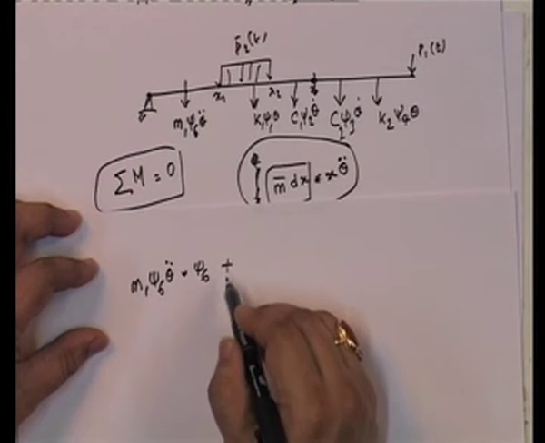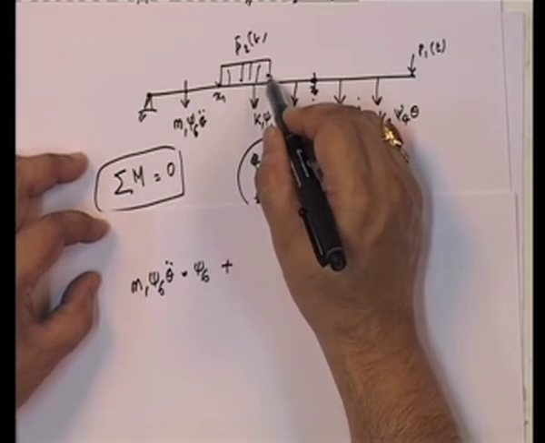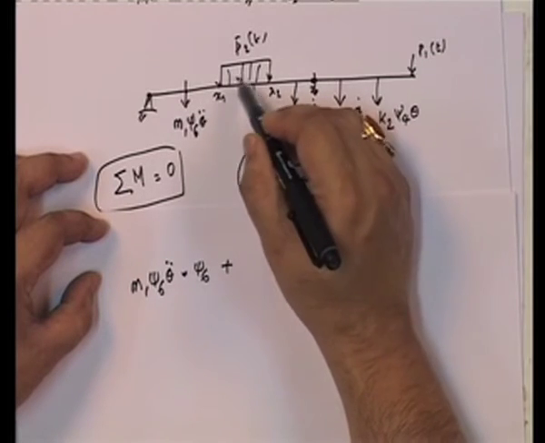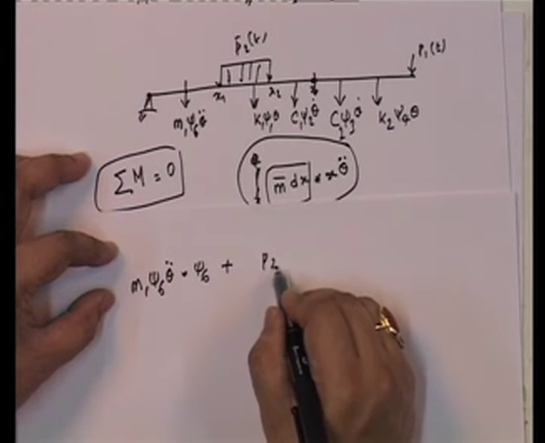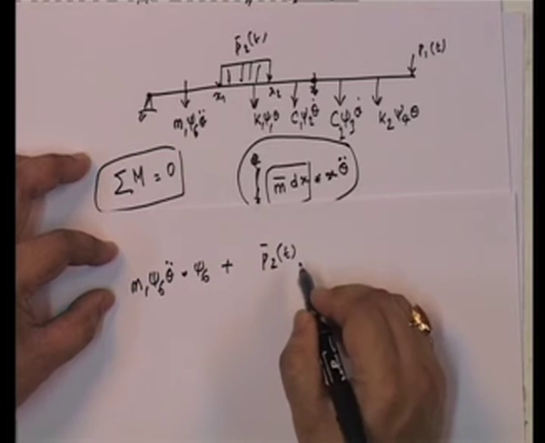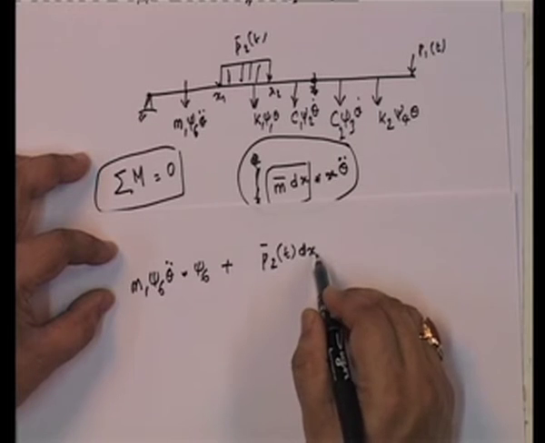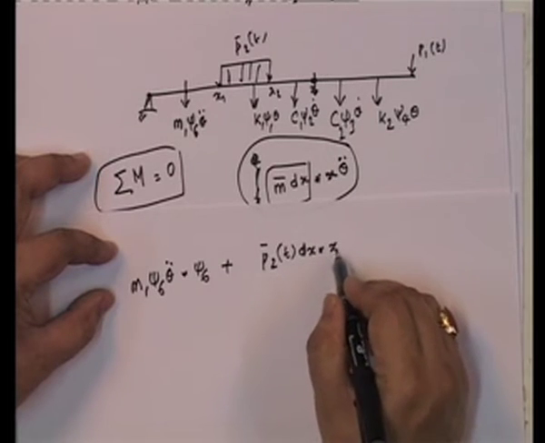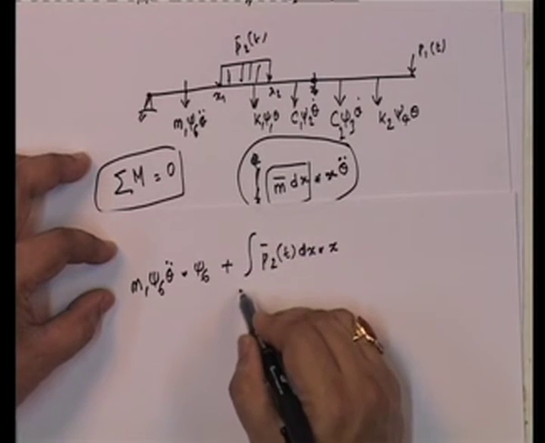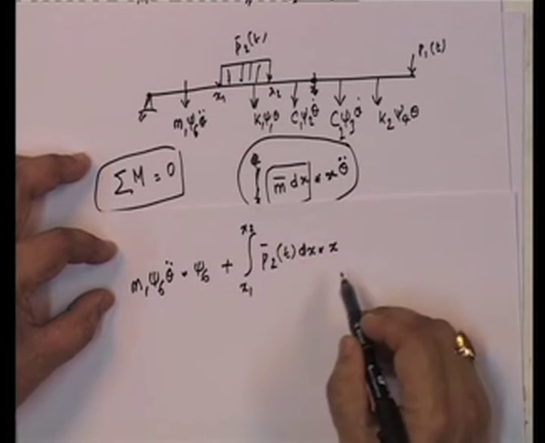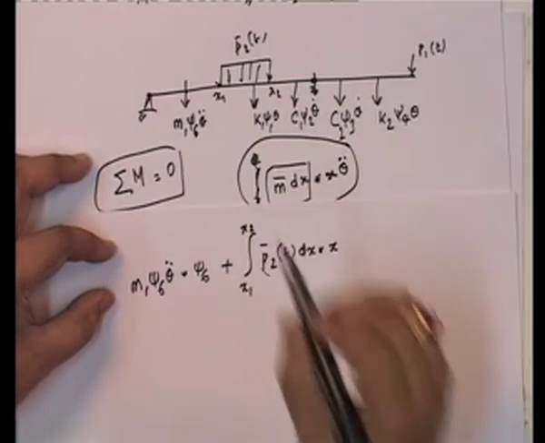Now, if you look at this particular load, I could look at it in this fashion, P bar t dx, that is the load, and at point x it is going to have x as the distance, and if I integrate from x1 to x2, that gives me the moment due to this load.